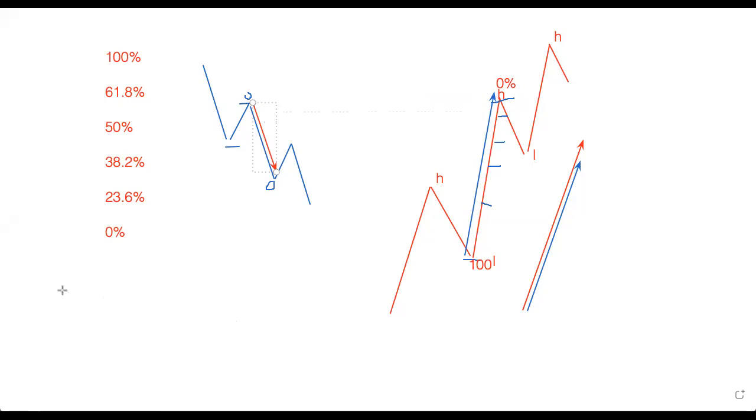So most retracements happen in this area zone: 61.8, 50%, and 38.2% levels. This is where most of our retracements happen. Okay, so let's go to the chart now and I'll show you why I am really teaching you about these Fibonacci retracement levels.